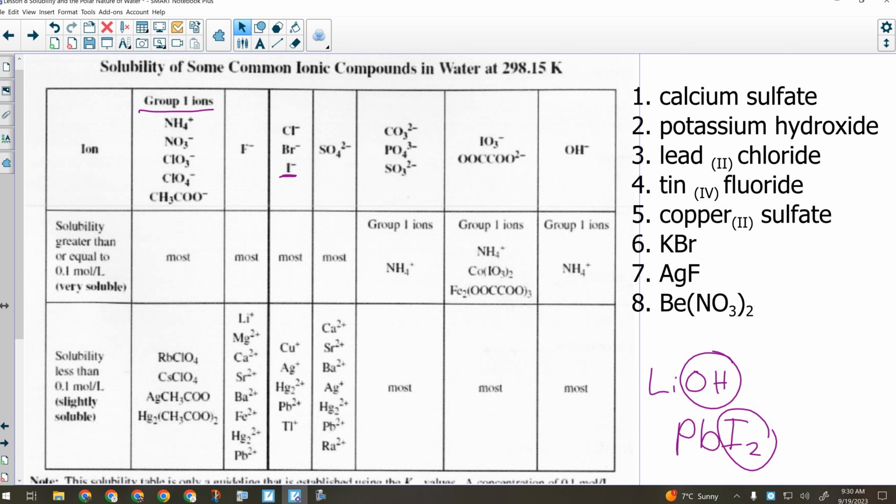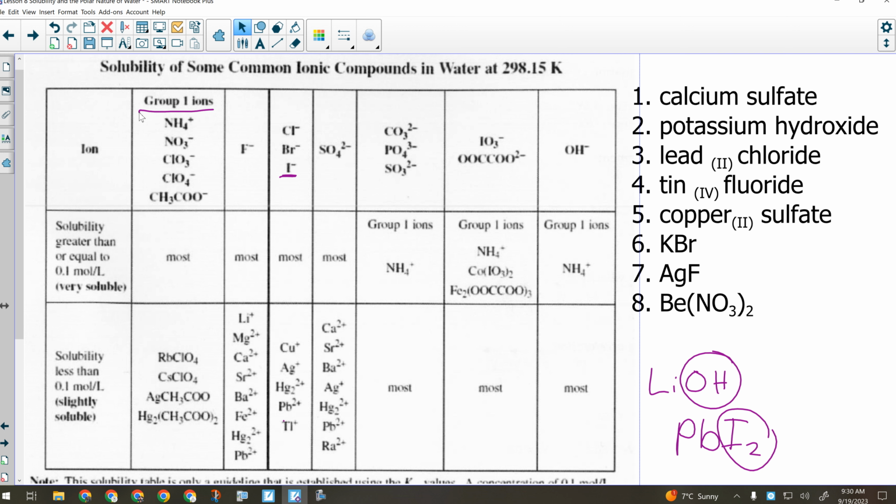Here's iodine right here. It says it's soluble with most things. Yay, helpful. So now I've got to look down in the row below. It's not soluble with copper, silver, mercury 2, and lead 2. Is that stuff soluble or not? No. Not soluble. Is that a pretty easy chart to use?